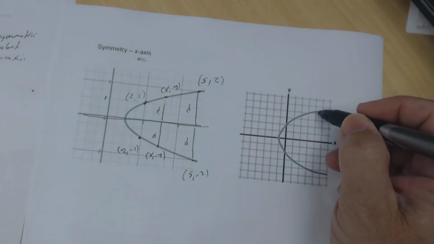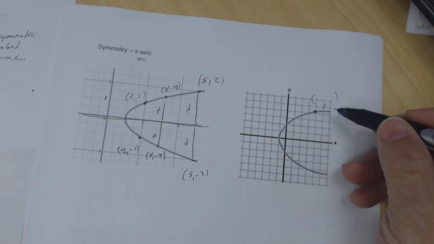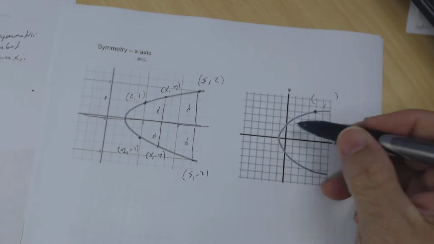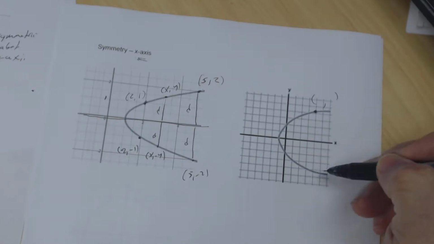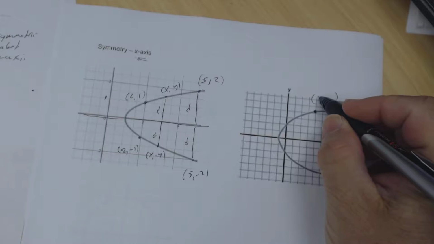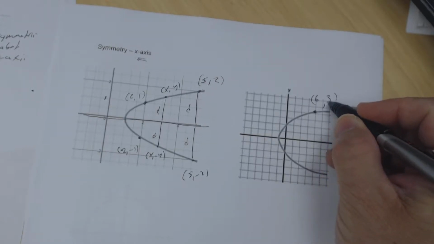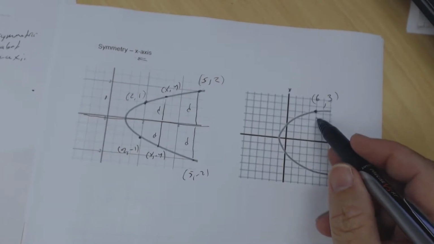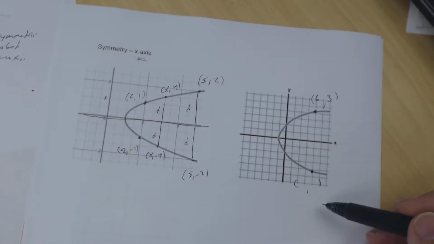All right. So right here, this is the point. I'm making this up. If that's the point, notice this is symmetric about the x-axis. So if I take this piece here, reflect it about the x-axis, I'll get this piece here. I think about folding it. So if the point, let's say this is the point 6 comma 3, I'm making this up, then what does this point here have to be?